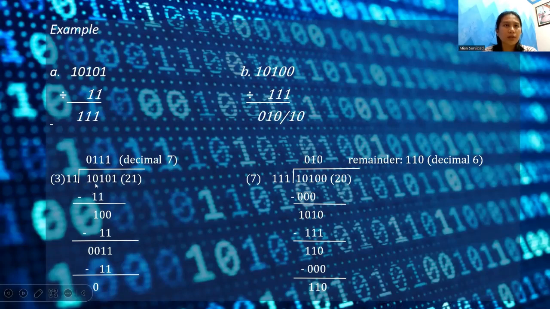So 101 divided by 1 is equal to 1. Then when we multiply it, it becomes 1.